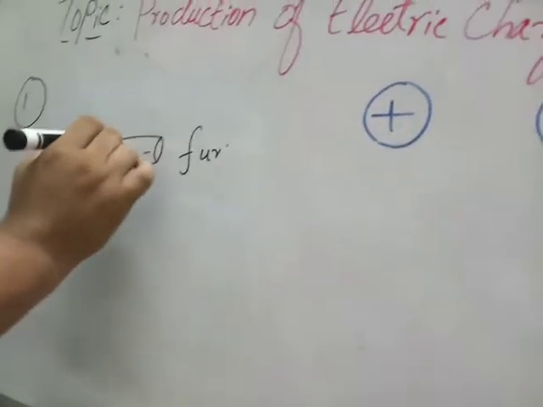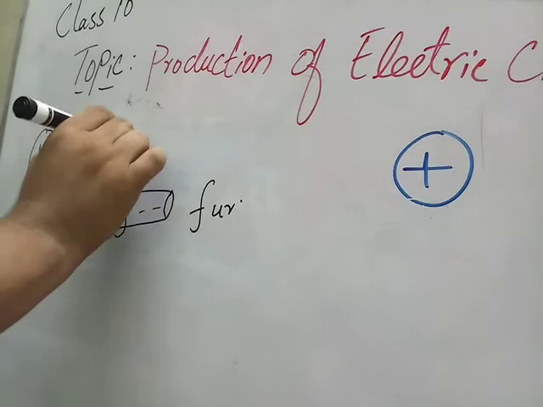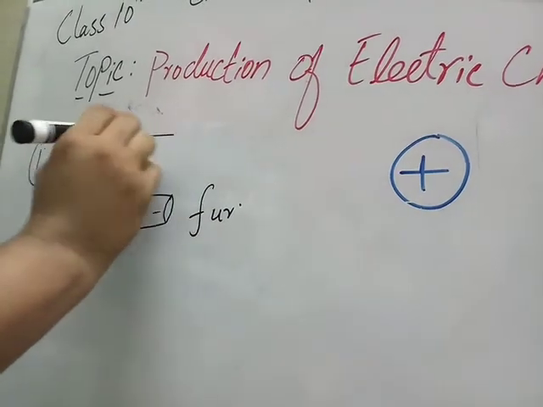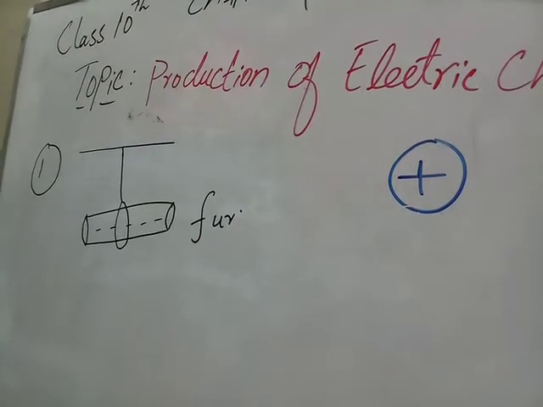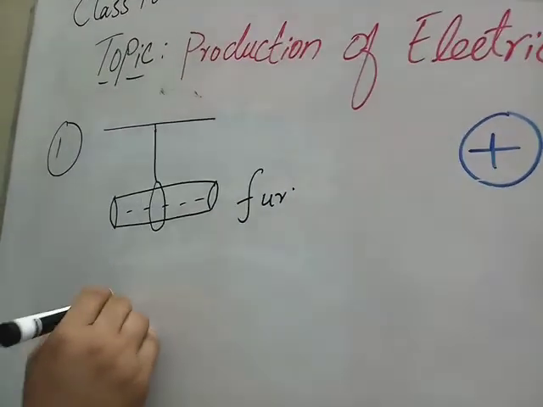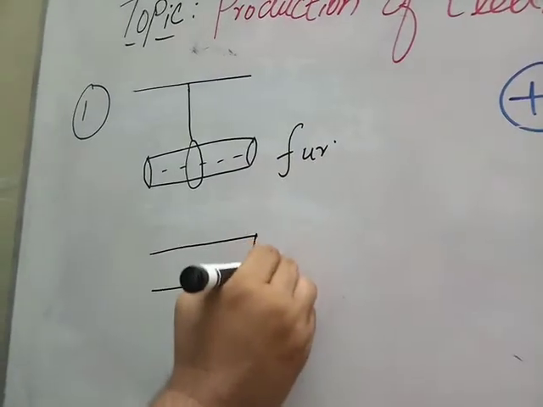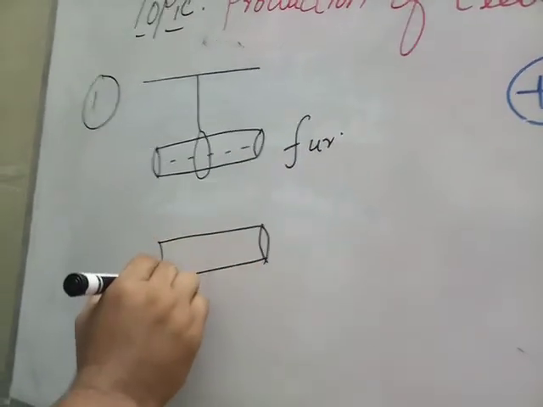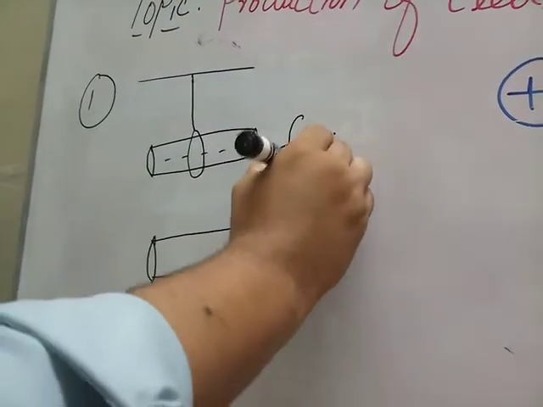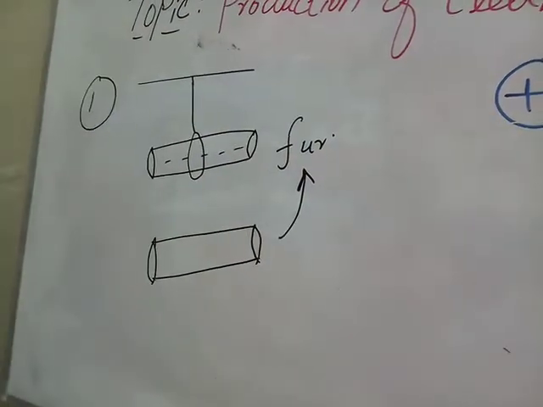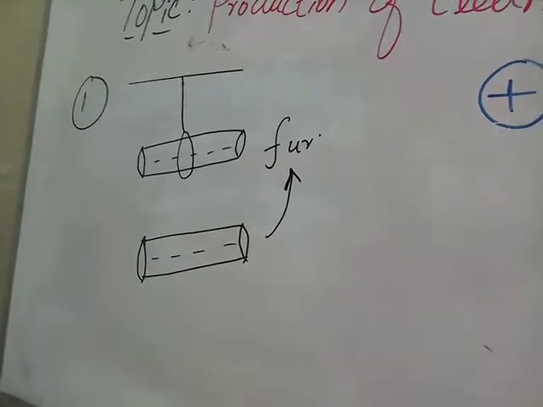After this, we suspend this rod, and take another rod which is also rubbed with fur, so it also has a negative charge.